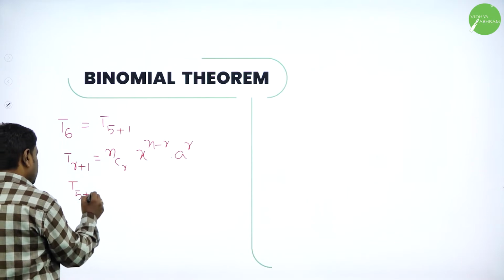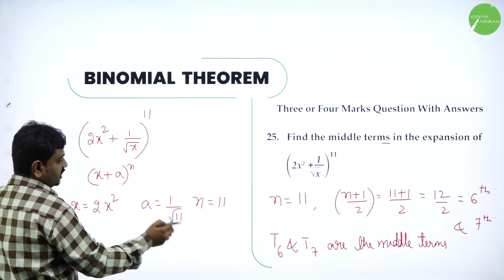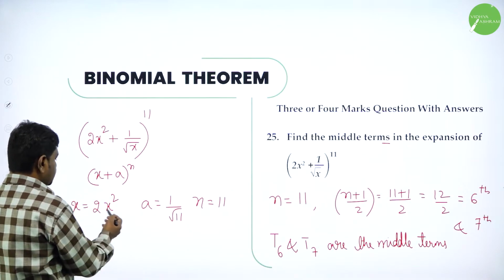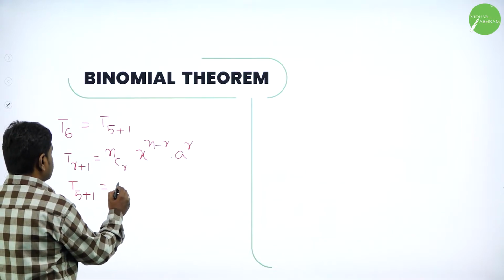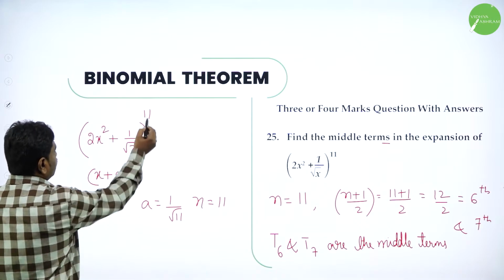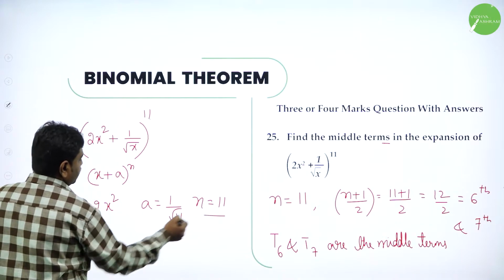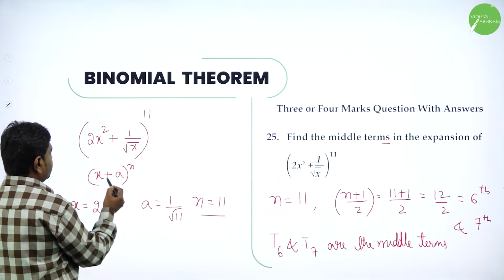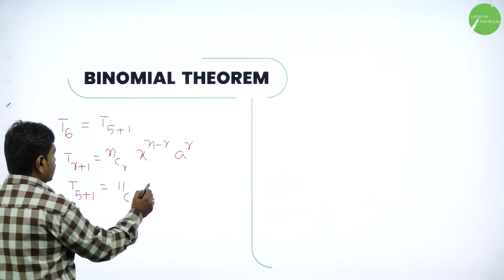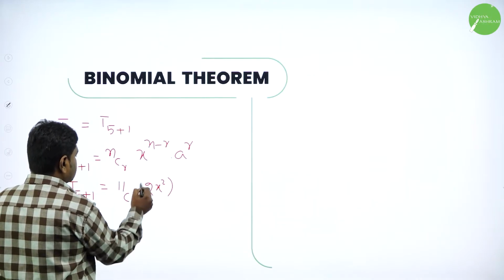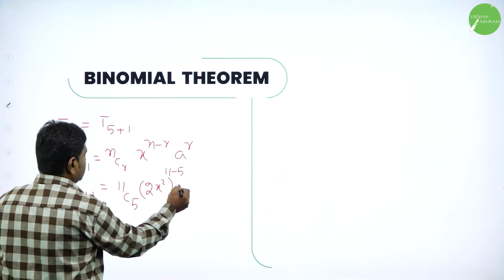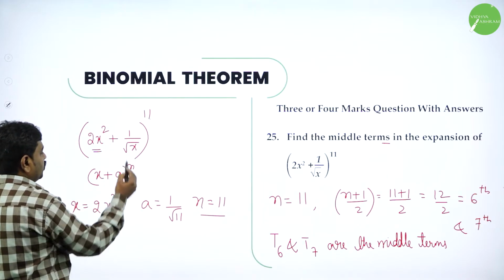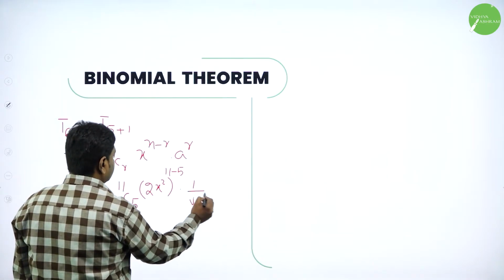So now TR plus 1 means what? T5 plus 1 is equal to, because we need T6 and T7, x means 2x square. NCR is what? What is the overall power? Overall power is 11. So n is 11. So 11CR, r is what? 5. X means the first term in the expansion is 2x square. 2x square power n minus r, 11 minus 5. A is what? Second term, 1 by root x. 1 by root x power r.